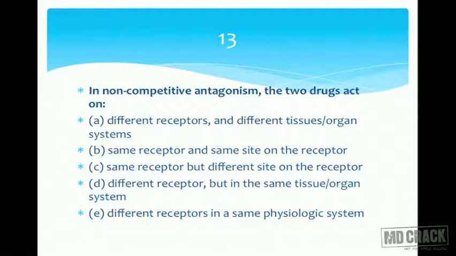Because the drugs have to act on the same receptor when it is receptor antagonism or pharmacological antagonism. It could be competitive, non-competitive. We are discussing non-competitive, and we decided that if the two drugs are acting on different receptors, it's not useful for us. So we are left with two options, B and C: same receptor and same site on the receptor, and same receptor but different site on the receptor.